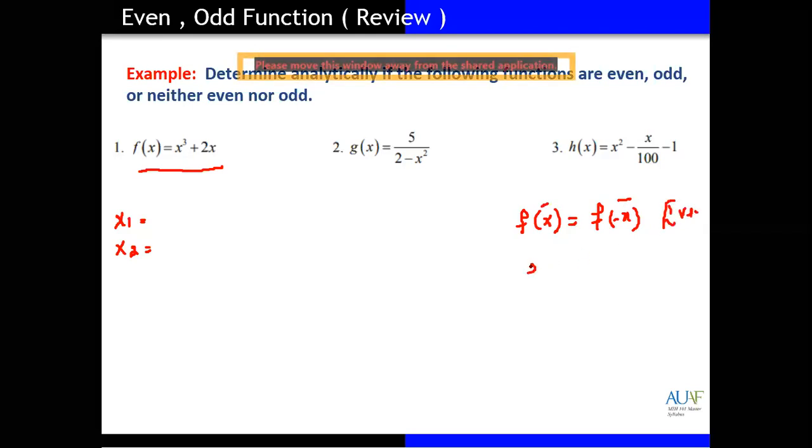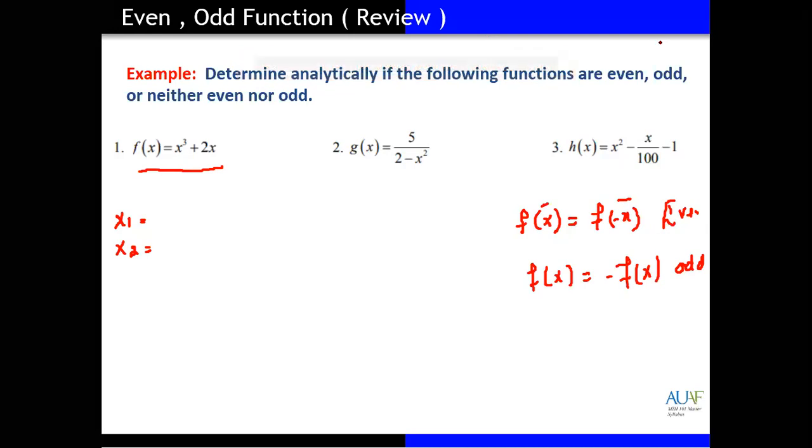And f of x equal to minus f of x, same result with just different sign, one is plus 10, second one is minus 10, that function will be odd function. And if both are different, one is 10, second one is 100, that function will be neither odd nor even function.